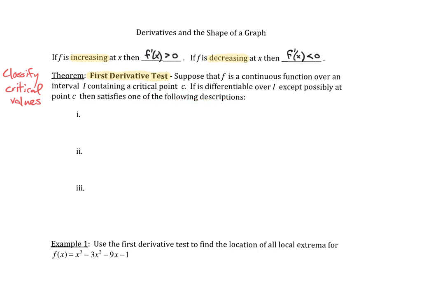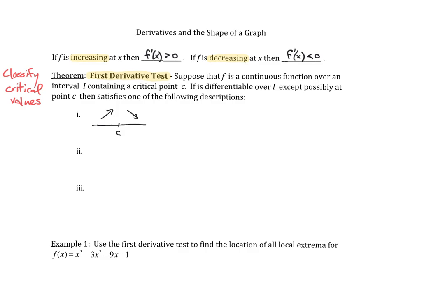When I describe the first derivative test to you, I'm really going to describe it using pictures. So I want to draw a little line, and then I'll have c as my critical value like this. Let's say that on the left side of c, your function is increasing, and then on the right side of c, your function is decreasing.